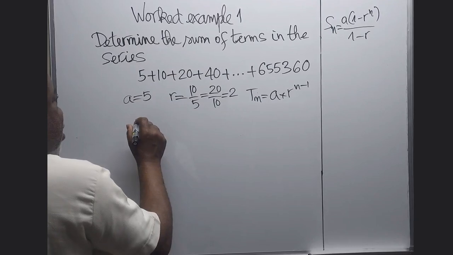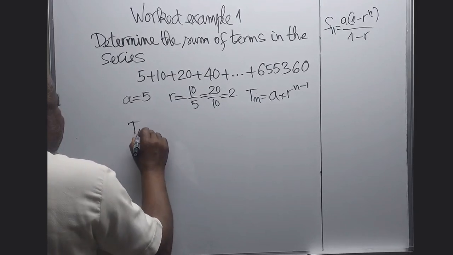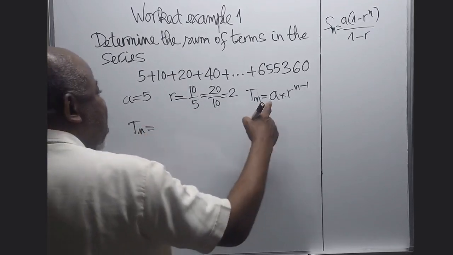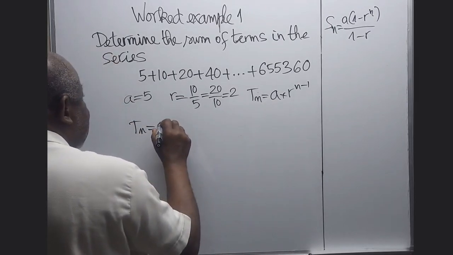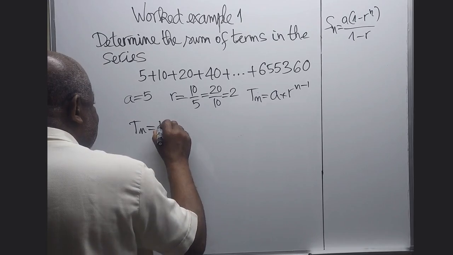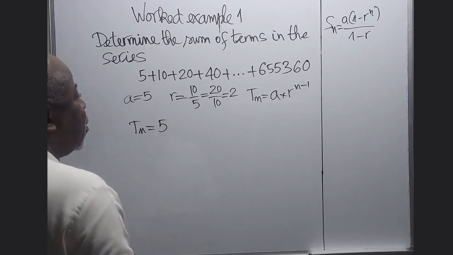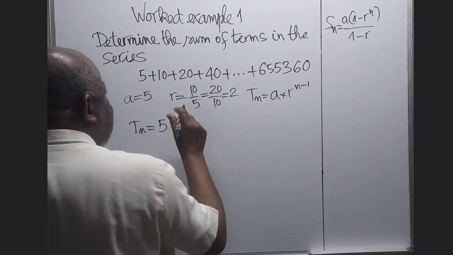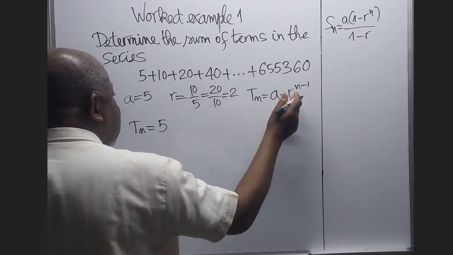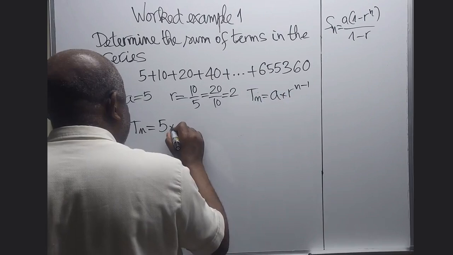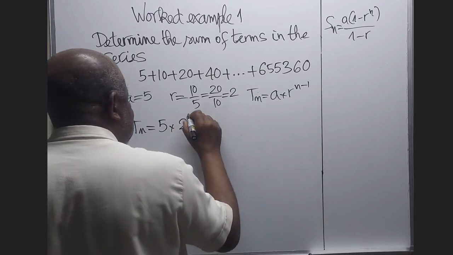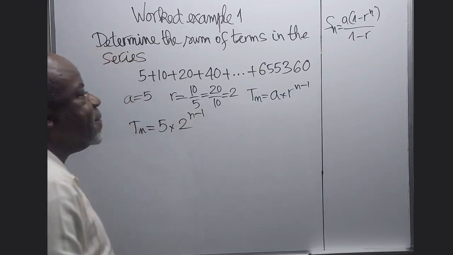So Tn is equal to, our a is 5, and our common ratio is 2, times 2 to the power of n minus 1.